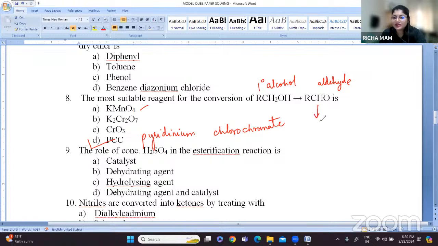So further conversion is also possible, so we are not making use of chromic acid. We are making use of PCC. With primary carbon, you have seen that it has only one carbon atom here, so it will be converted only into aldehyde.